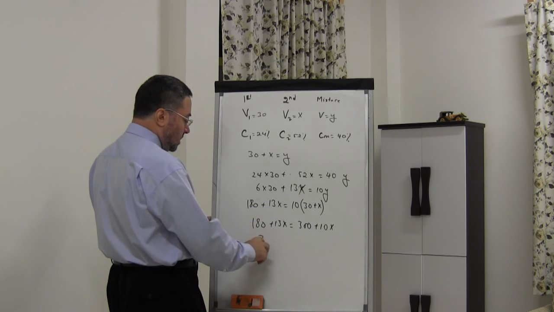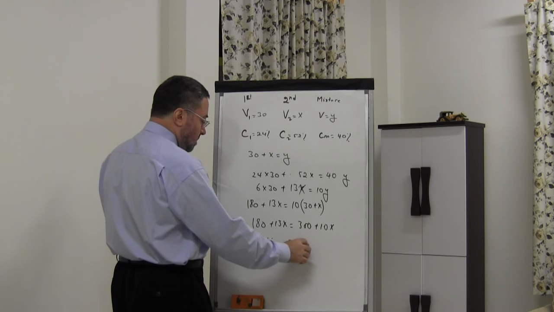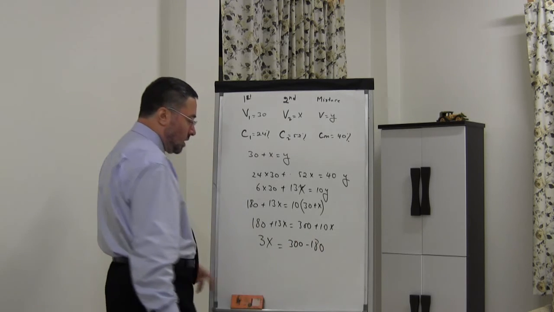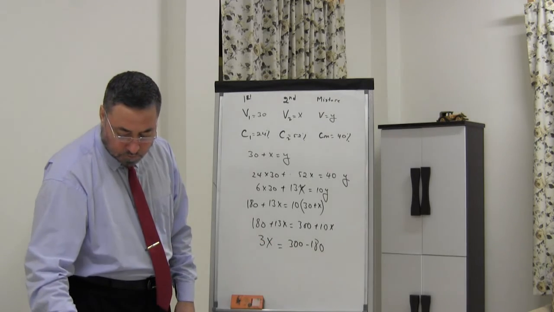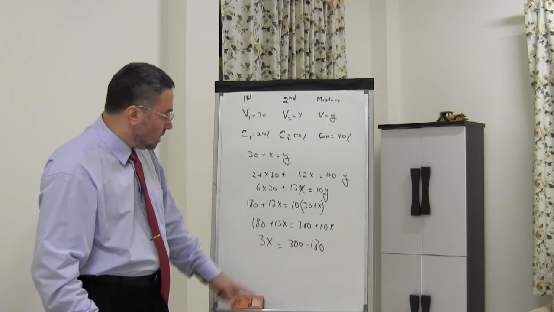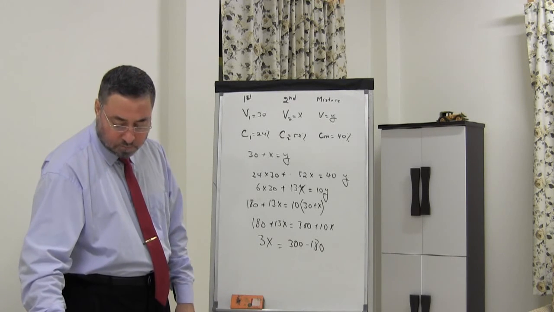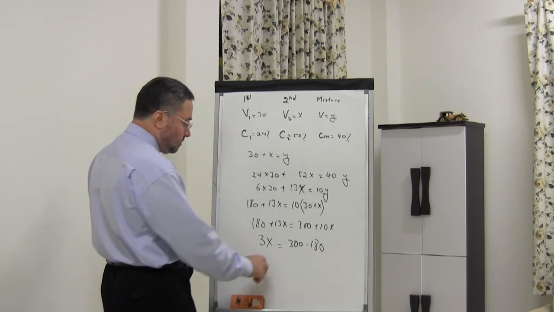Bringing this here will give us a net of 3x and 300 minus 180. And we'll do the math. 300 minus 180, that's 120, divided by 3. And that gives us 40.